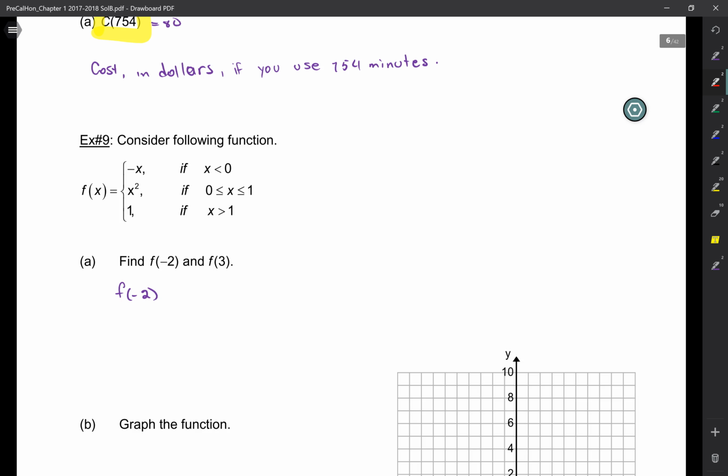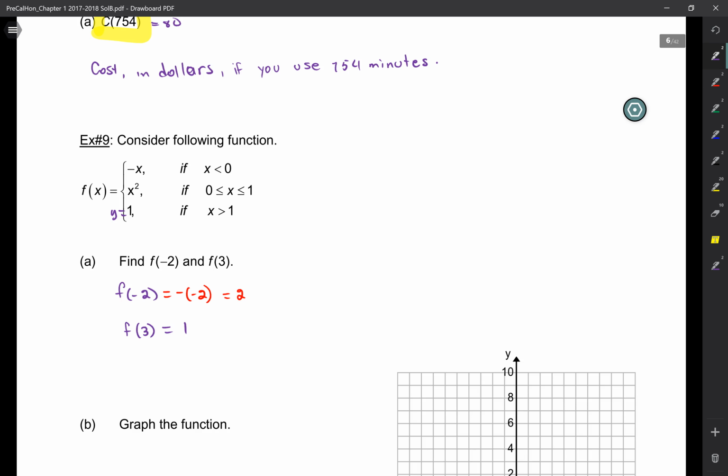That means you plug -2 into the function for that first interval. So that's just going to be -(-2), which is 2. Now, f of 3 falls in which interval? First, second, or third? Third. In the third interval, what is the function? It's y equals 1, so that's just going to be 1.